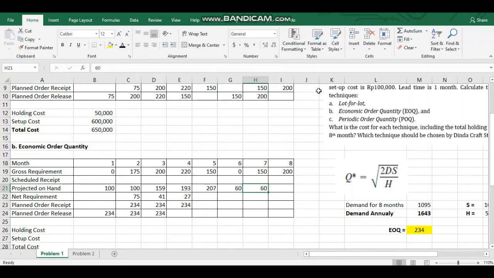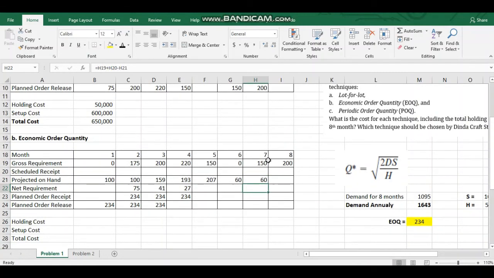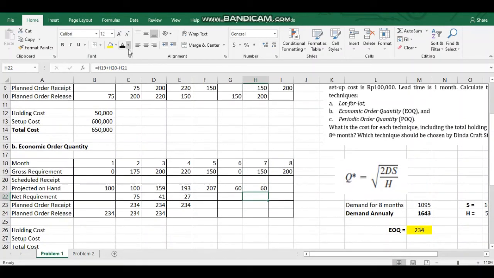And for the 7th month, the requirement is 150 units. Our inventory is only 60 units, so we have a net requirement as much as the shortage, which is 150 units minus 60.